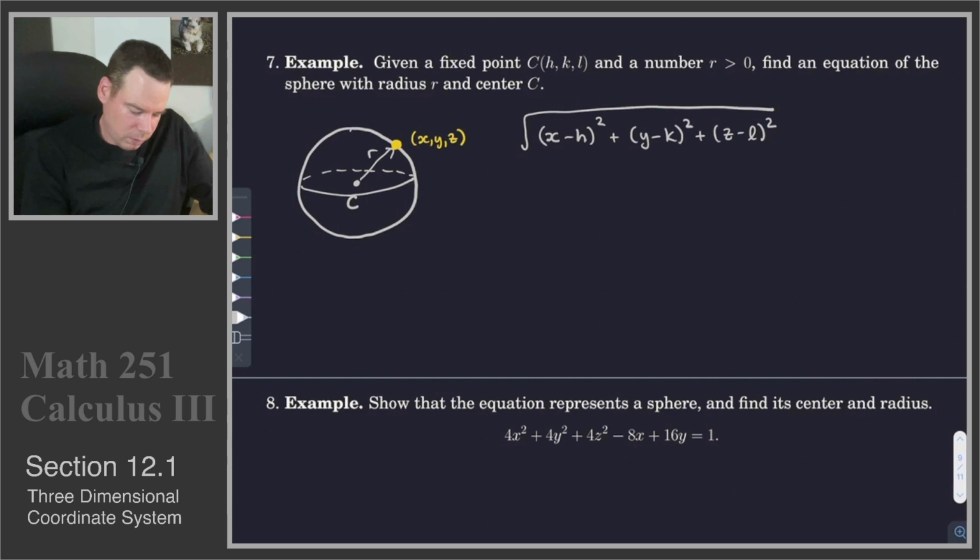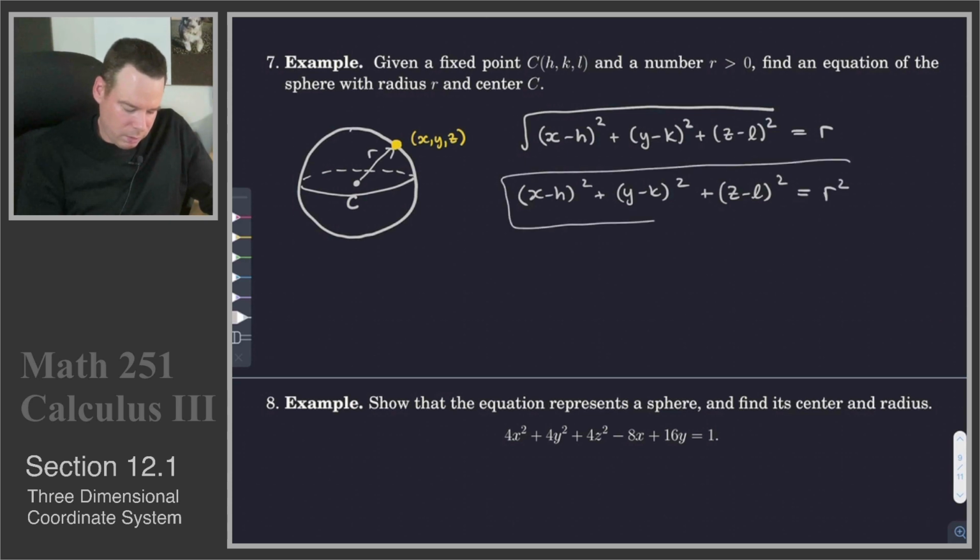Or in other words, x minus h all squared plus y minus k all squared plus z minus l all squared is equal to r squared. And so there is the equation of a sphere in 3 dimensions.